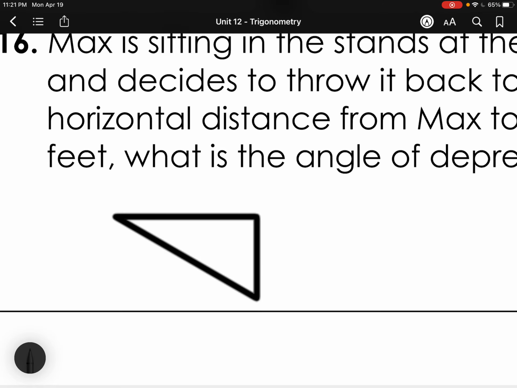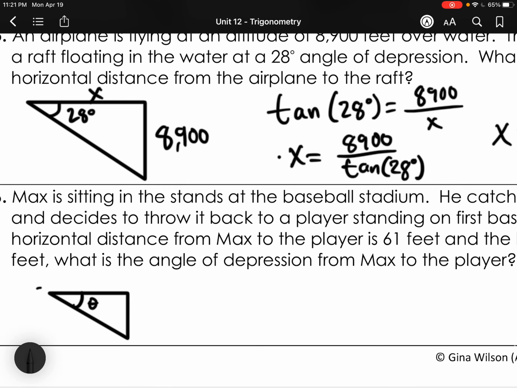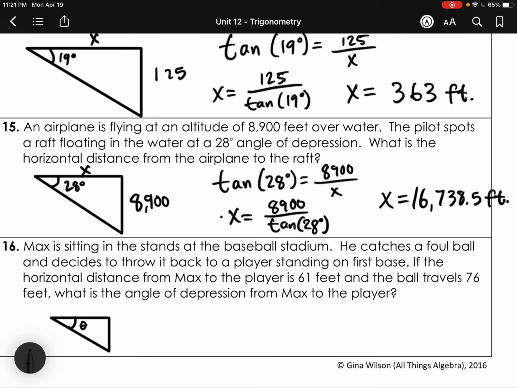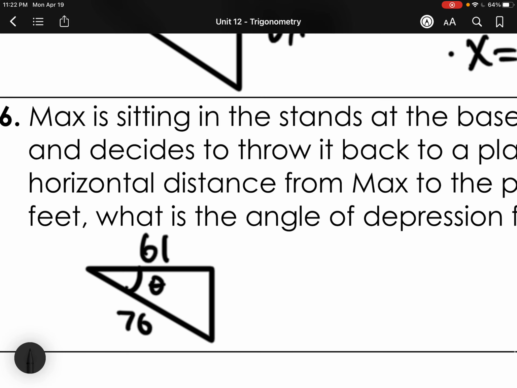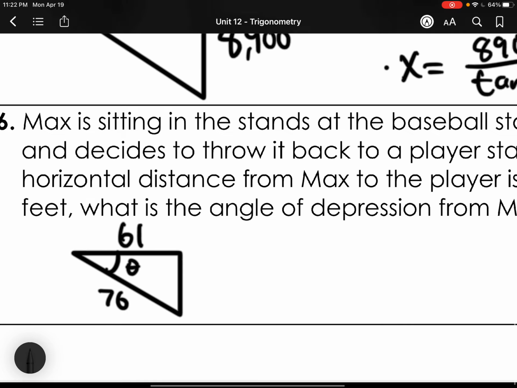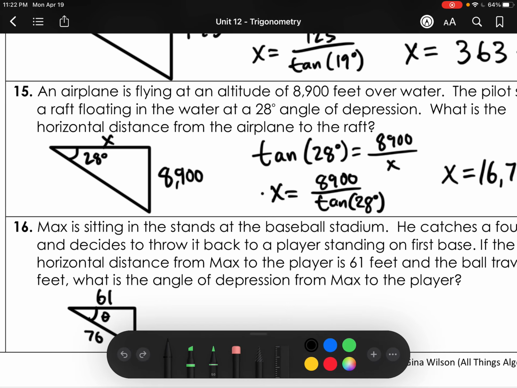So this is where Max is sitting, and this is where the baseball player is at. The horizontal distance from Max to the player is 61 feet. So this is 61 feet, and the ball travels 76 feet. So that means that this right here is 76 feet, right? Because this is Max, this is the baseball player. And it asks us, what is the angle of depression from Max to the player? So we're looking for this right here.